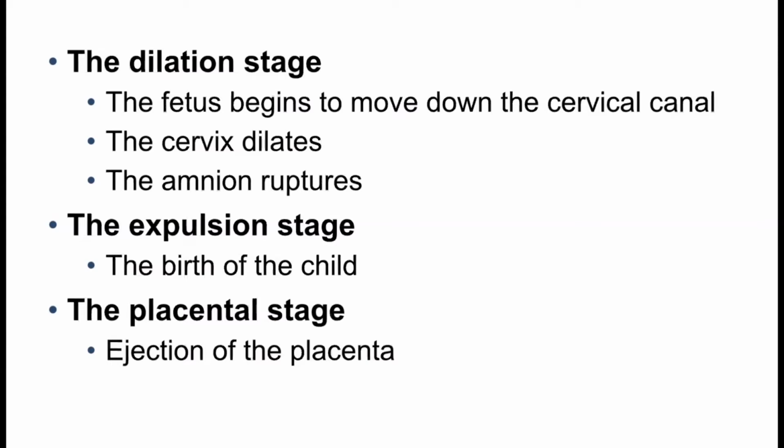Expulsion is birth of the child. The placental stage is ejection of the placenta after the baby's born. Okay, those are your 3 stages of labor: dilation of the cervix, expulsion, which is birth, and then placental, which is ejection of the placenta.